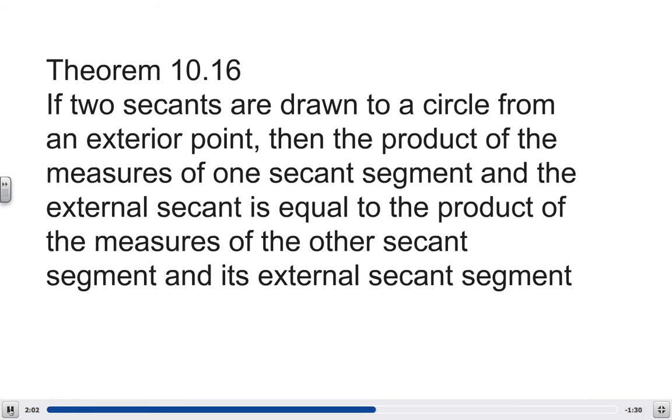These relationships continue even if we have two secant lines. For instance, Theorem 10.16 tells us that if two secants are drawn to a circle from an exterior point, then the product of the measures of one secant segment and the external secant is equal to the product of the measures of the other secant segment and its external secant segment. So what does that all mean?